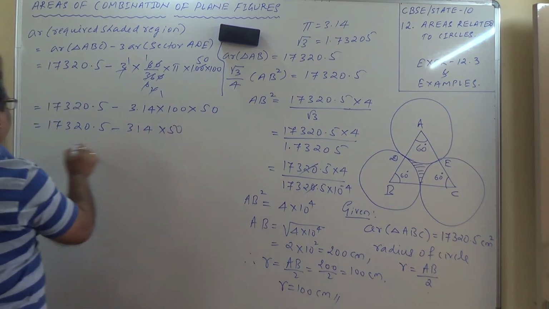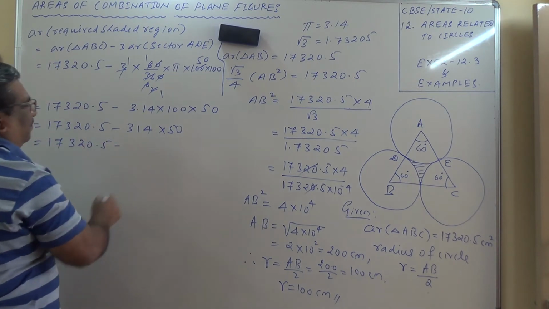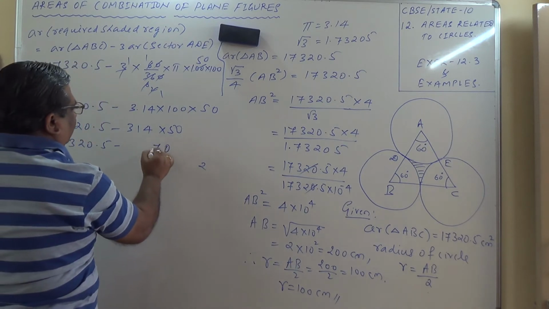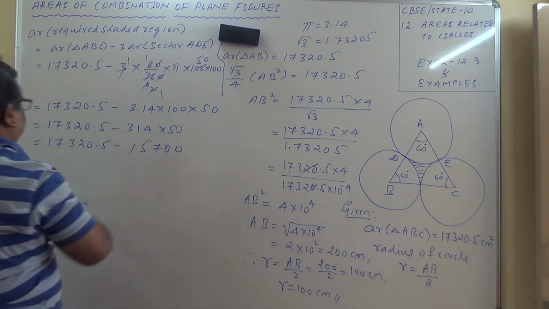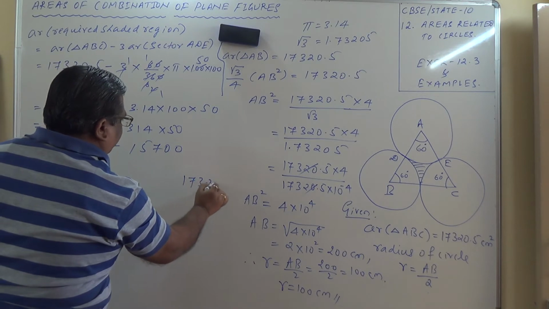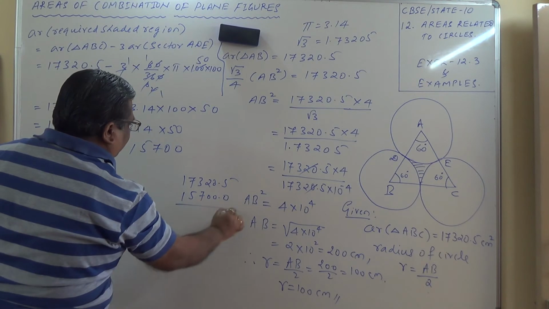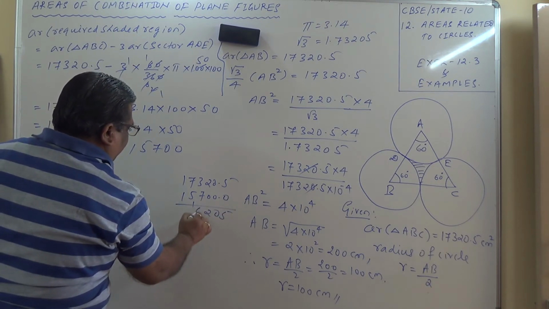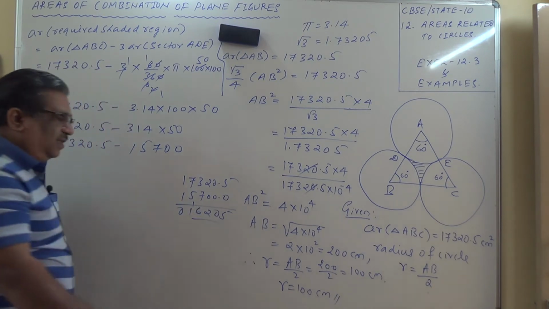So I'll work out this now. 17320.5 minus 314 into 50, which is 15,700, and therefore 17320.5 minus 15,700.